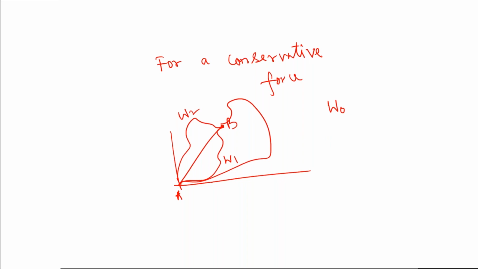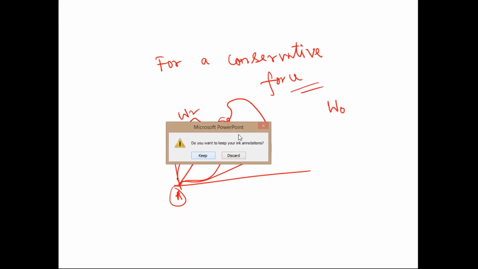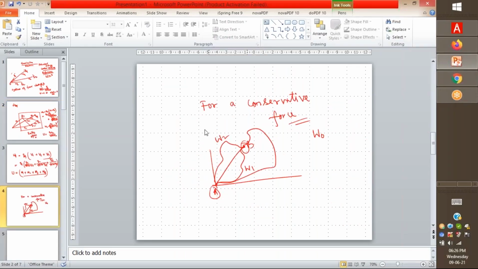So this is because of the conservative force, for which the work done does not depend on the path you follow, but it depends on the final position. So if you bring third one first, then first one, then second one, then fourth one, anyway you take, the potential energy is going to be the same.